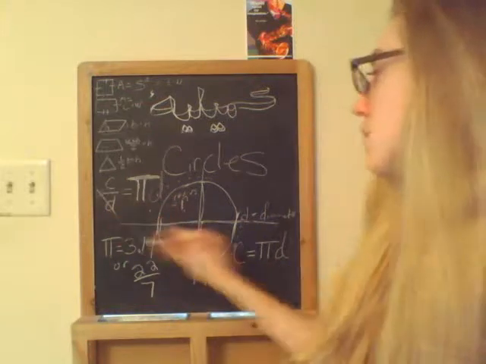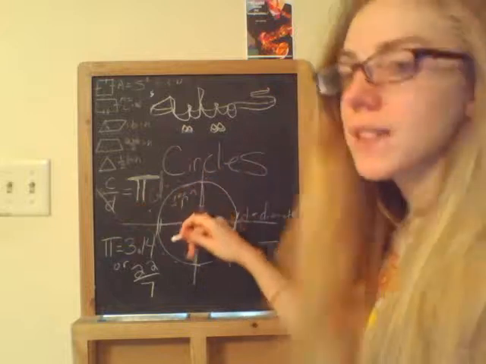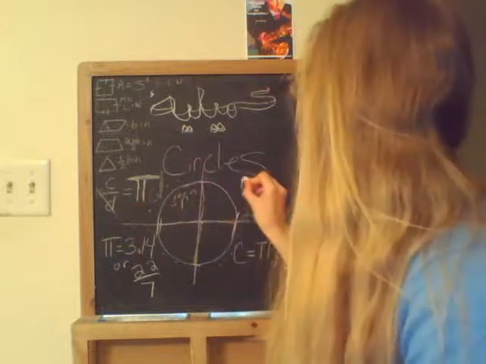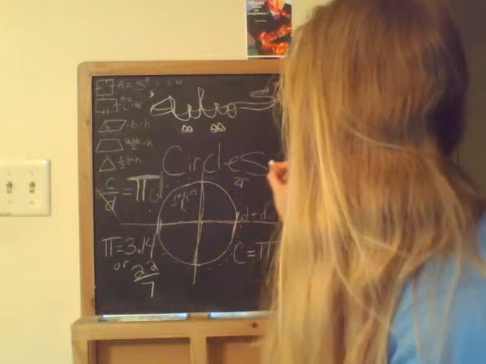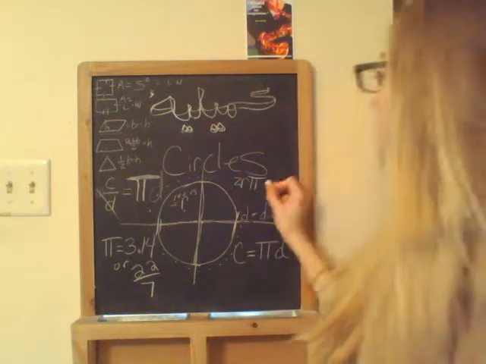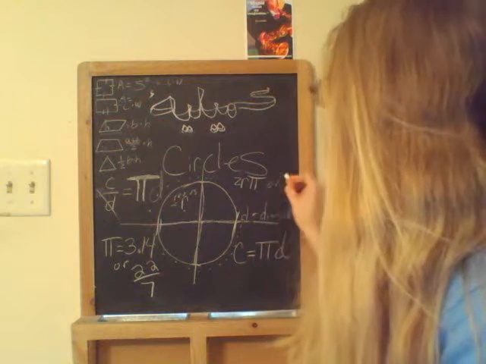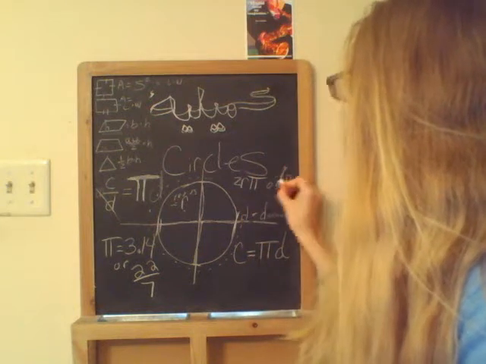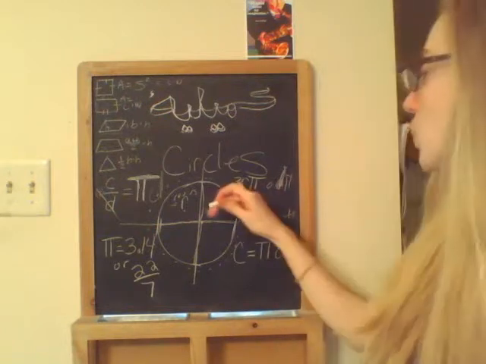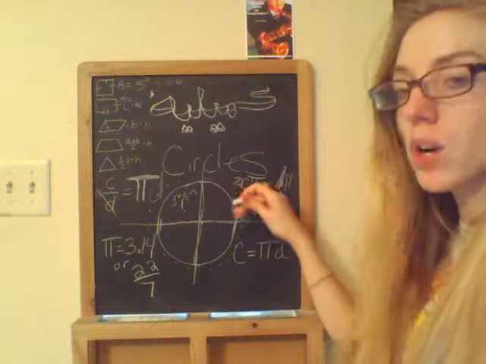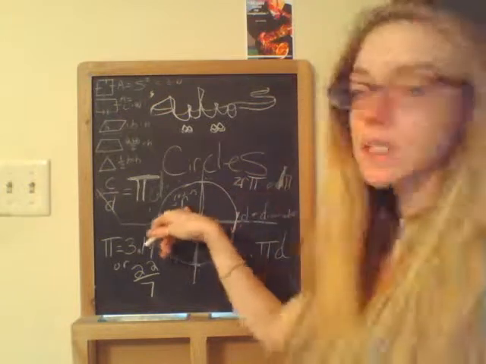And if you're only given the radius, like half, you can do 2 pi r, or pi d. Sorry, with respect to the pi d, or 2 times r times pi.